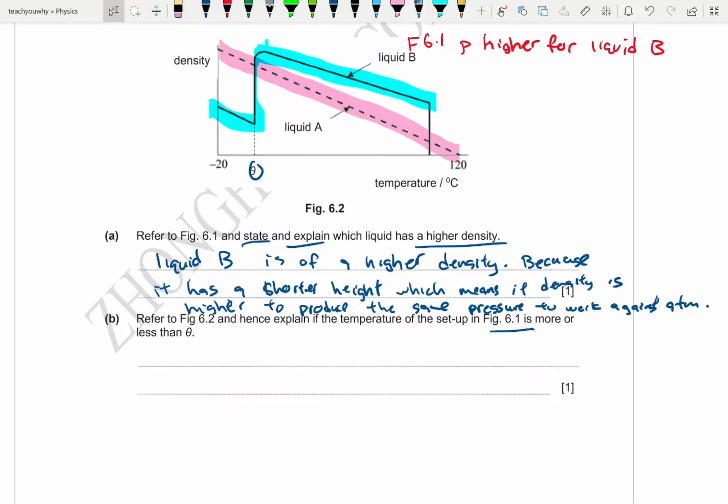So how do we answer this? Explain if the temperature of the setup is more or less than the datum.